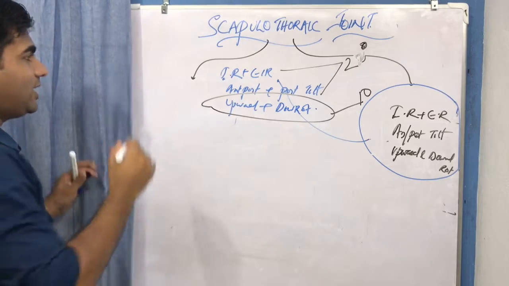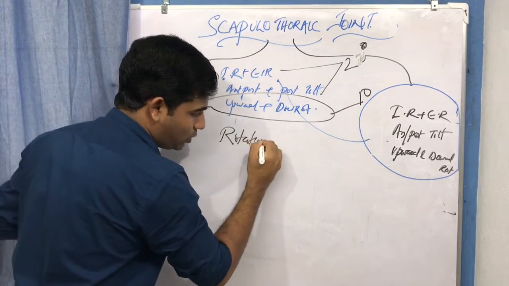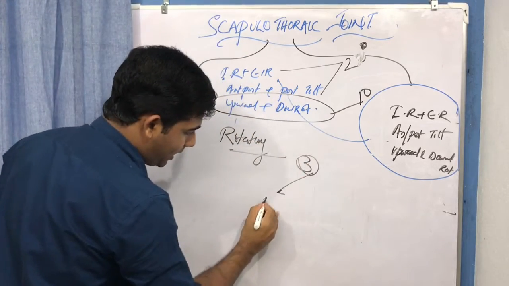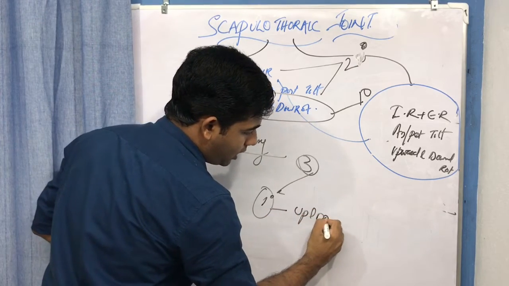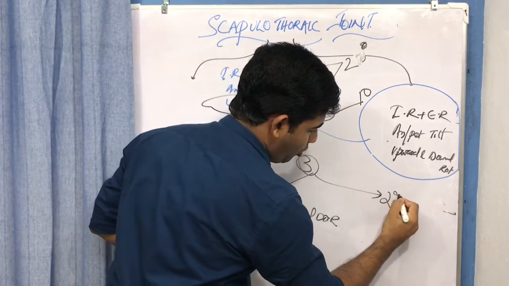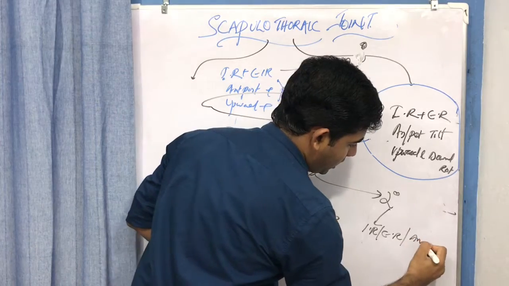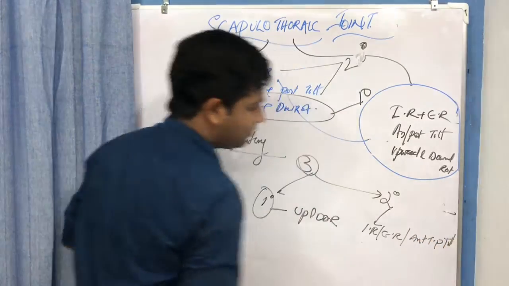So in the rotatory movements that are possible in the scapulothoracic joint, we have three movements. One is the primary movement, which is upward and downward rotation. Whereas we have two secondary movements, which include internal rotation, external rotation, anterior tilt and posterior tilt. Clear?